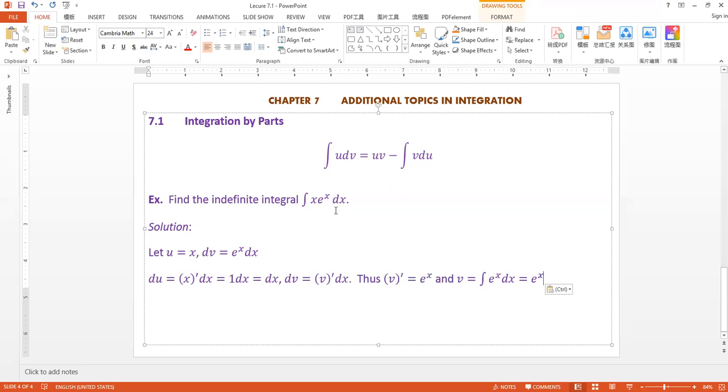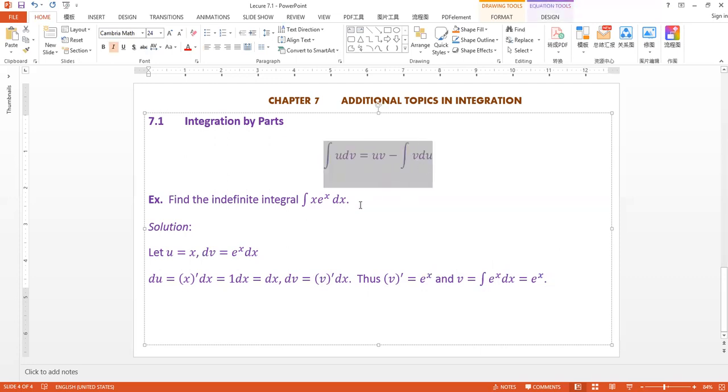We just add the arbitrary constant at the end in the final answer. So now we figured out du and v. Then we can plug in everything on the right-hand side.